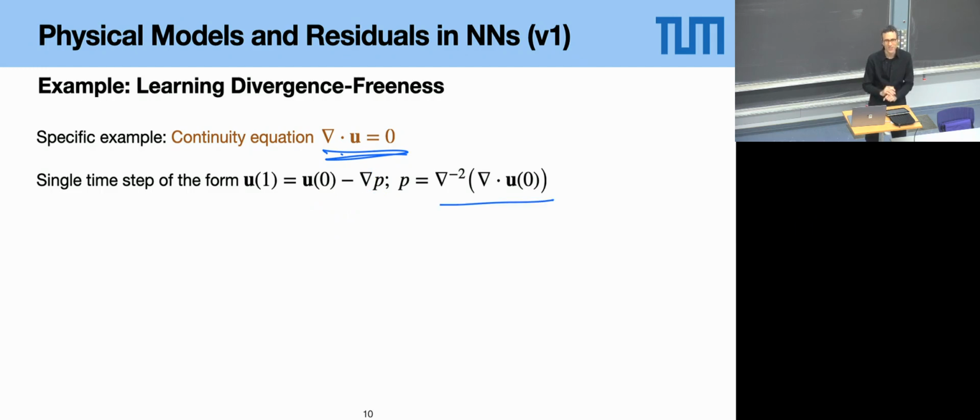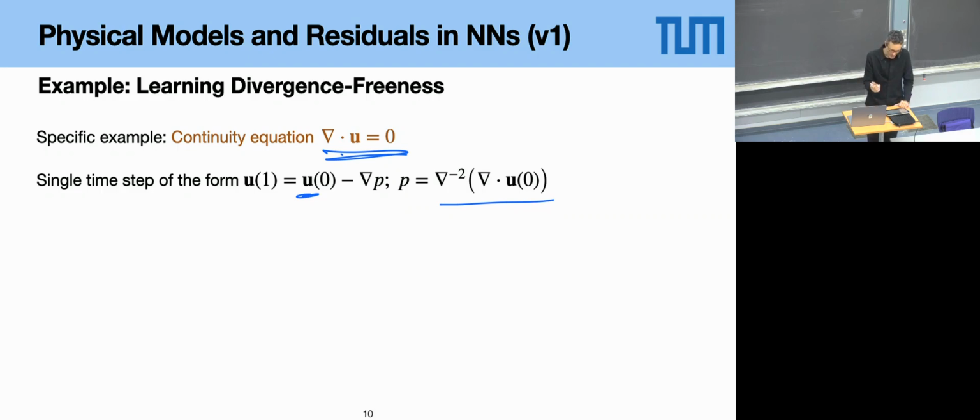So details don't matter too much. I hope you trust me. This is a pretty classic operation. So you can compute a P such that it makes these motions encoded in u divergence free. That's a very classic decomposition. Helmholtz-Hodge, you might have come across this.